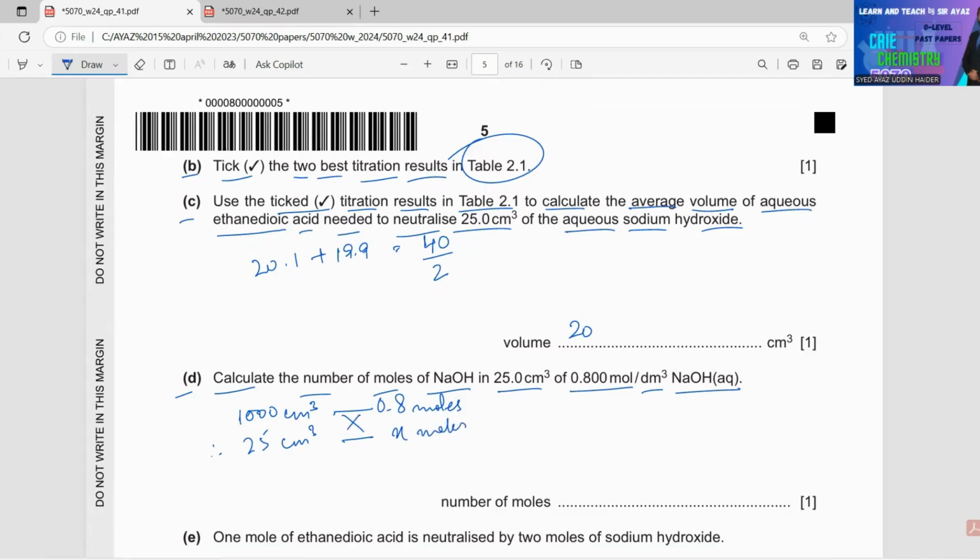Do the cross: X is equal to 25 multiplied by 0.8 divided by 1000, which is 0.02 moles. So I will write 0.02.